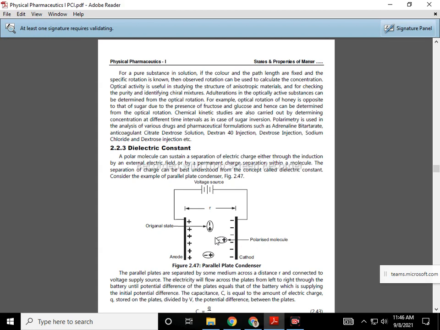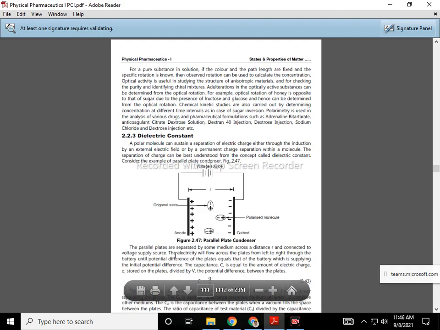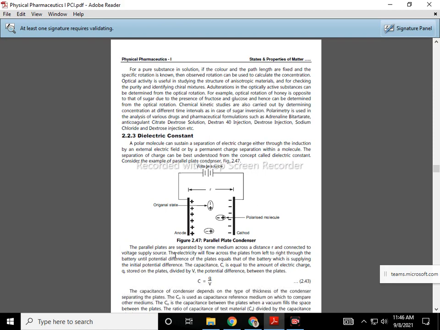So this is the dielectric constant. This is a practical way that we are doing it. Now let us move ahead. Here you can see one formula.